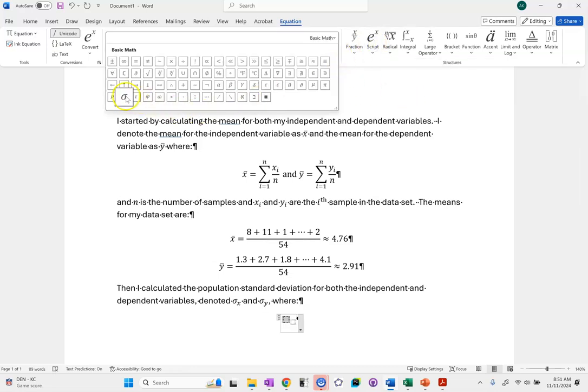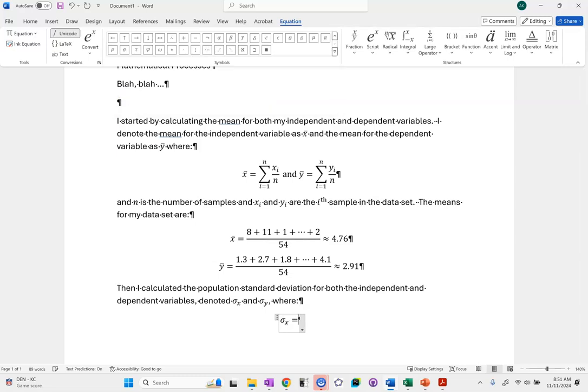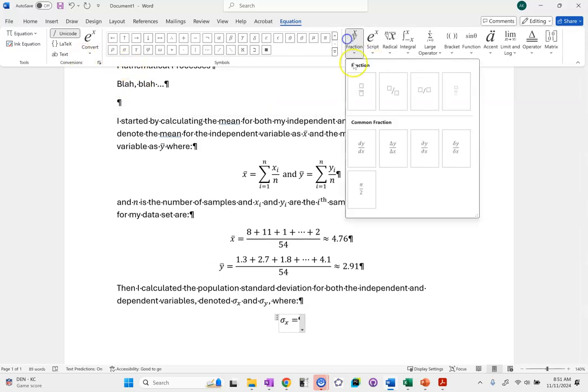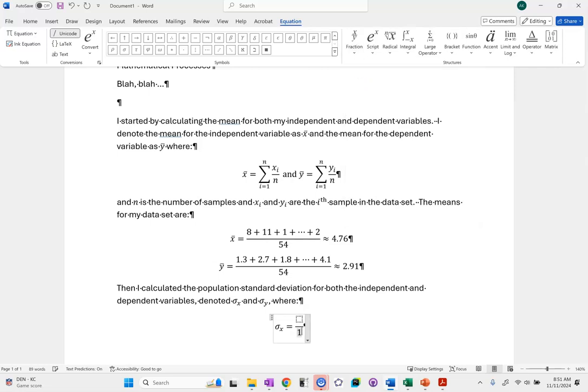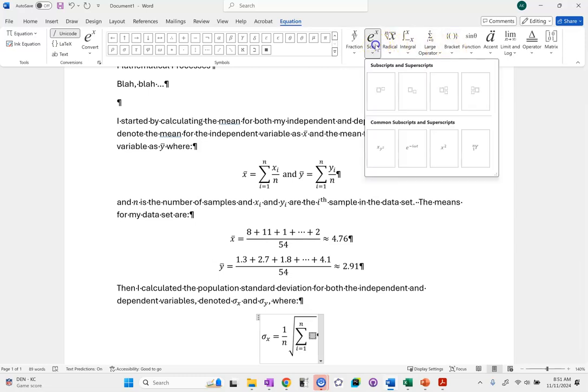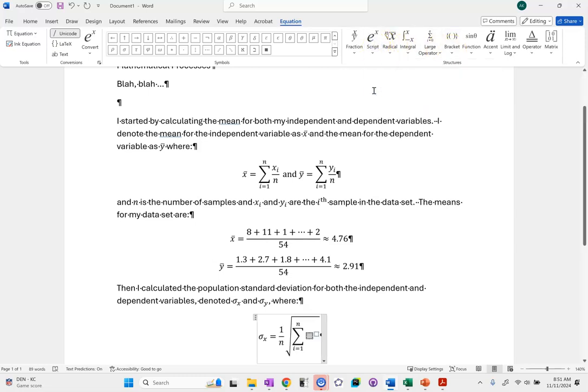So I'll start with just sigma x equals, and then the formula is 1 over n, and then I have the square root, and then over top the sum, and I have i equals 1 to n of the xi minus x bar squared.